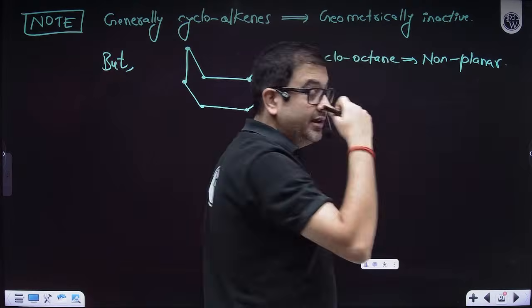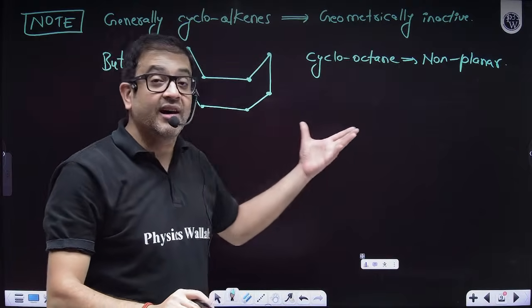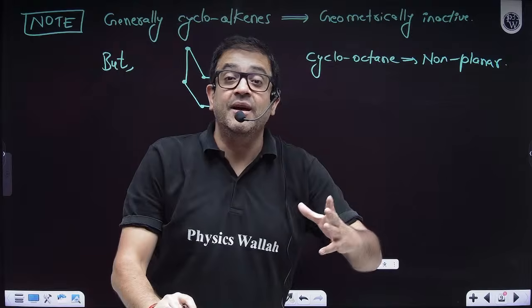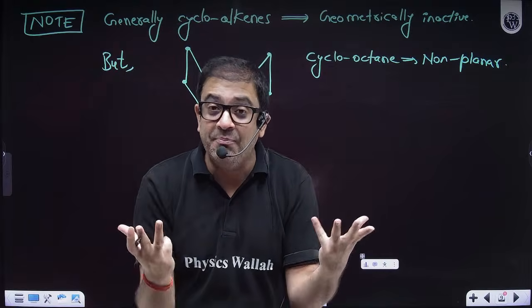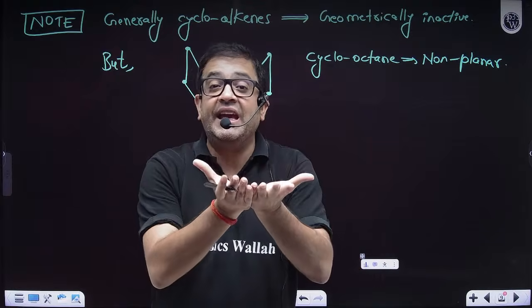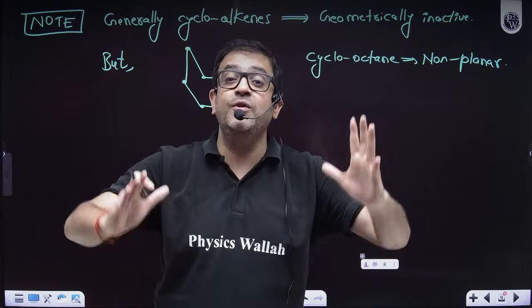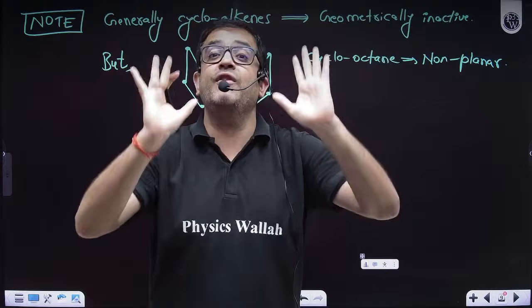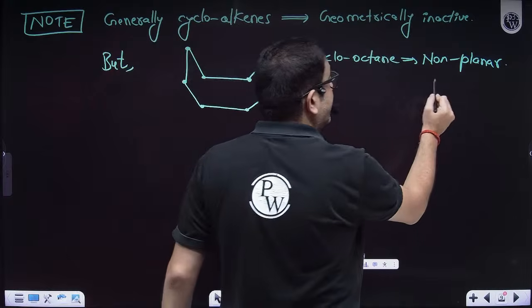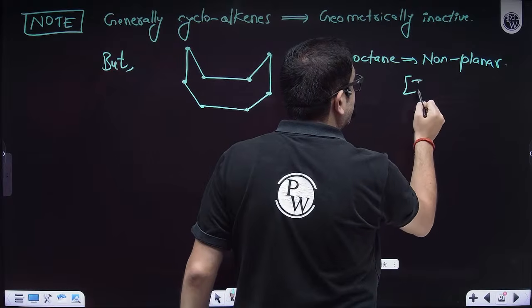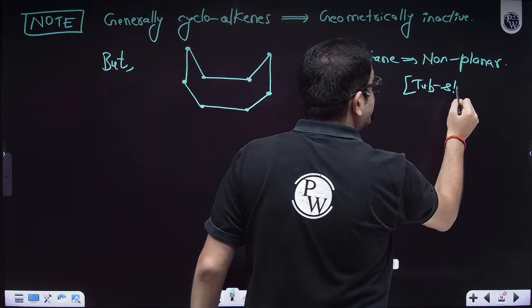Even if you give cyclooctane aromatic stability, because the carbon members are large in number, the ring is very huge and cannot come in a plane even if you provide extra stability of aromatic nature. This is always non-planar. It is actually a tub shaped molecule.